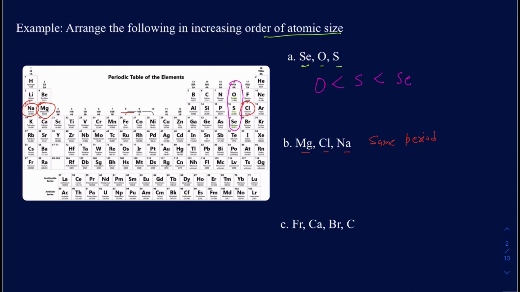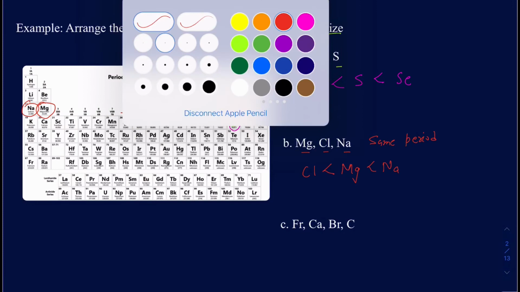So since they are in the same period, I know as you go from left to right, your size decreases, and chlorine being on the far right side here, it's going to be smallest in size. So chlorine is going to be smallest, followed by magnesium, and sodium is going to be the biggest in size in this particular case. Okay, let's look at another example here.